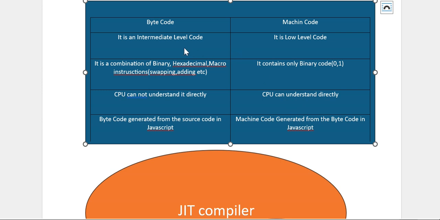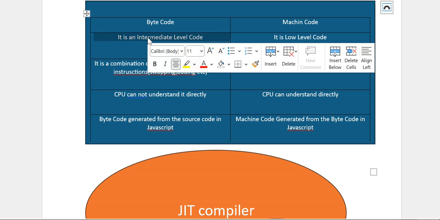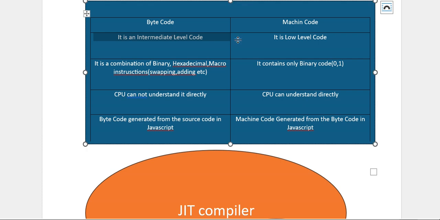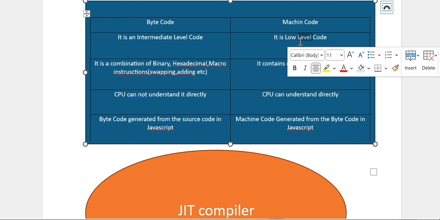So now, what is bytecode? Bytecode is intermediate level code. Once you have written the source code, that source code is converted into bytecode by the interpreter, and then the bytecode is used to produce the machine code. So bytecode is intermediate level code, and machine code is the low level code that is used by the CPU.